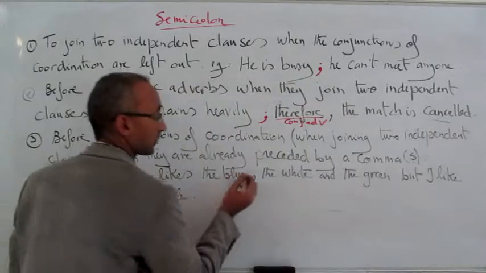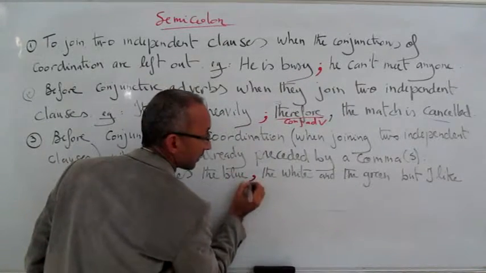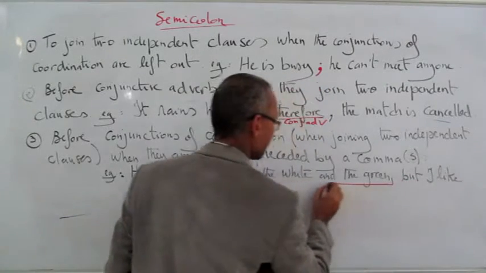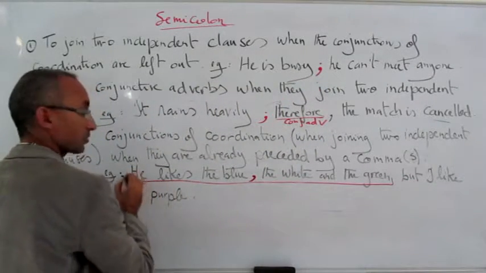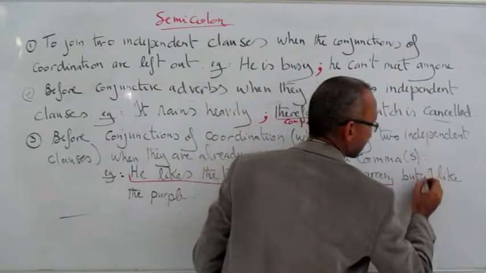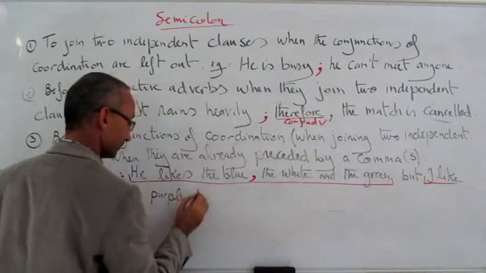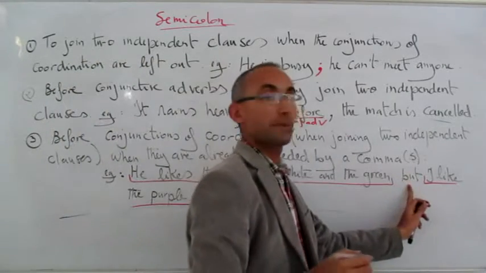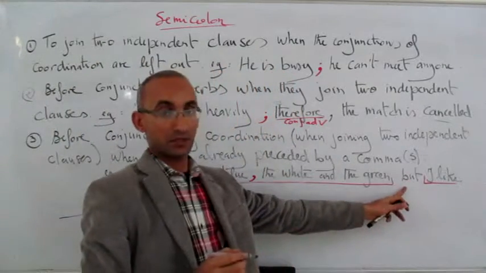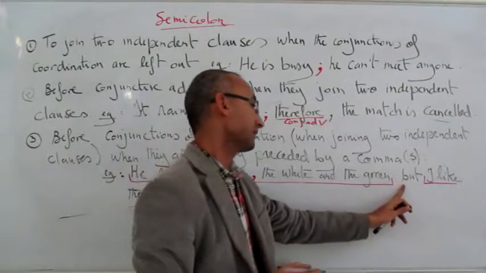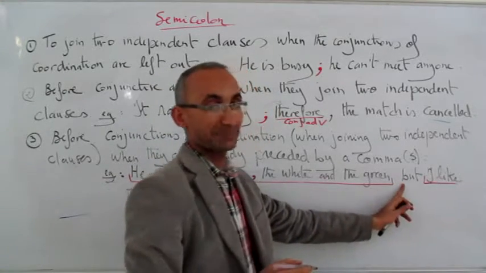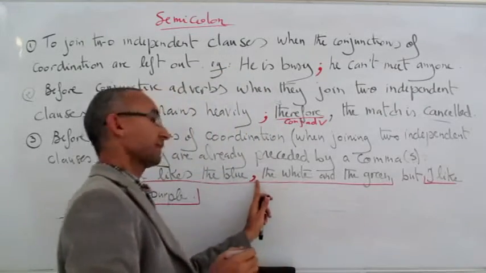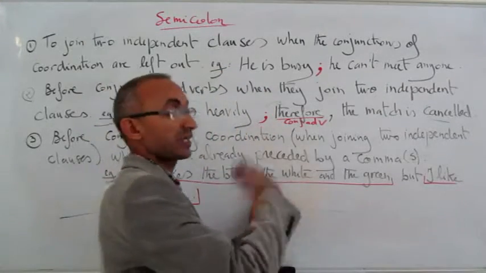Here I have what? A comma before but. Here is my first independent clause, and here is my second one. Both are joined by but. The fanboy is but, right? Normally I must put a comma before it, but as I have another comma here, I must distinguish now.